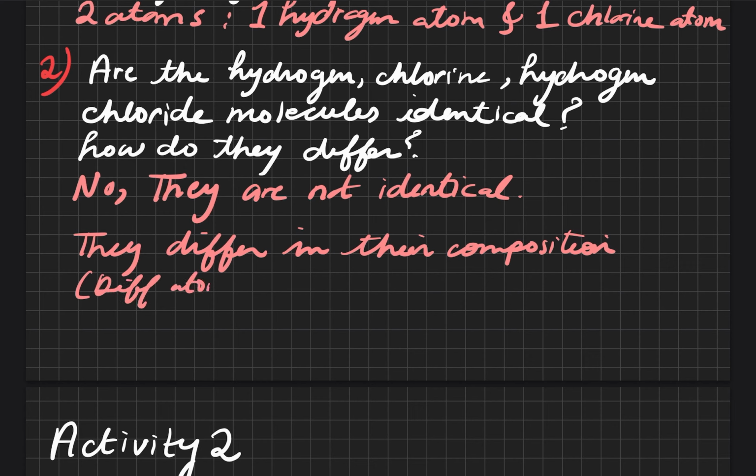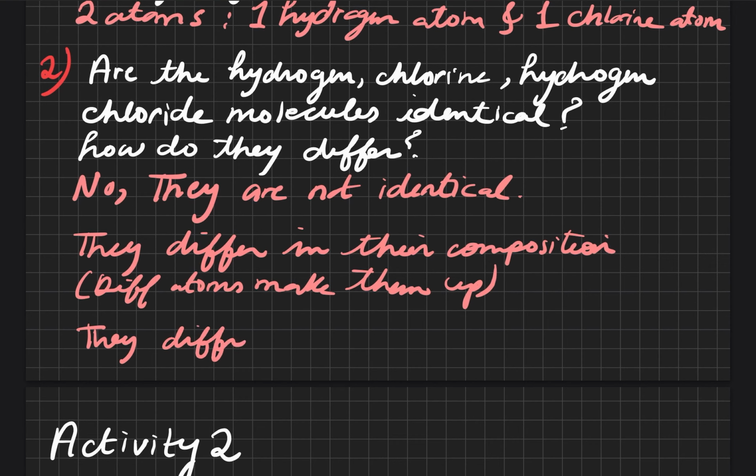What do I mean by their composition? Different atoms make them up. So each molecule is composed of different atoms, and they also differ by the size. Because why?